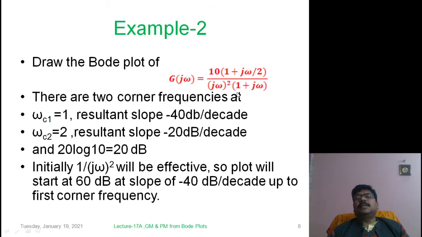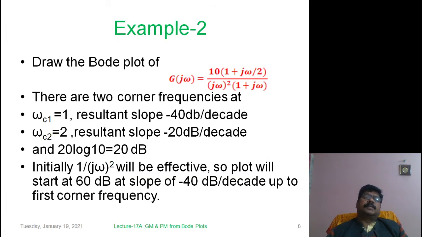Individually, 1 by j omega will contribute minus 20 dB per decade, while (j omega) whole square will contribute minus 40 dB per decade. 1 plus j omega by 2 will contribute plus 20 dB per decade, while the resultant slope, since 1 by (j omega) square will be initially effective, so the plot will start, since 20 log 10 will be 20 dB, at 1 by (j omega) square having a minus 40 dB per decade slope.